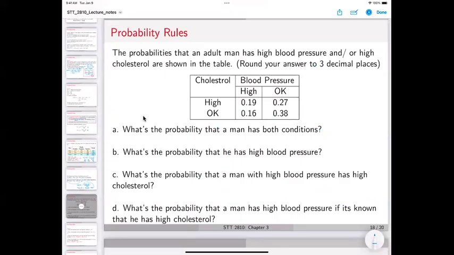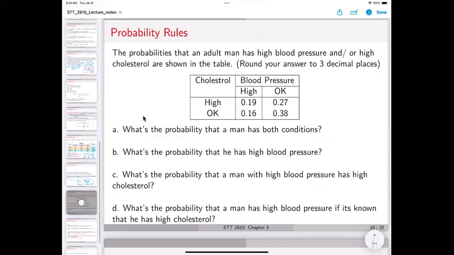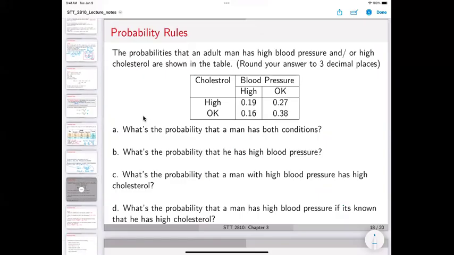Now let's look at this problem from your homework. We will do this problem together. It says that the probabilities that an adult has high blood pressure and or cholesterol are shown in the table below. They want you to round your answers to 3 decimal places.